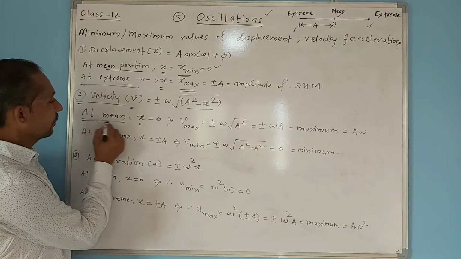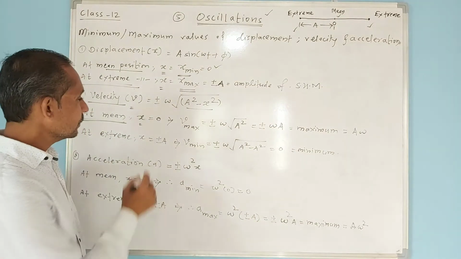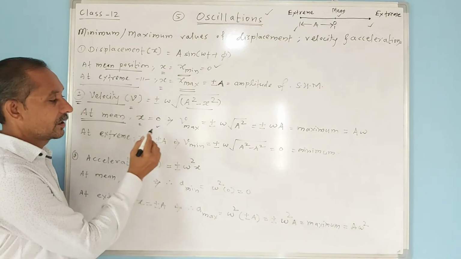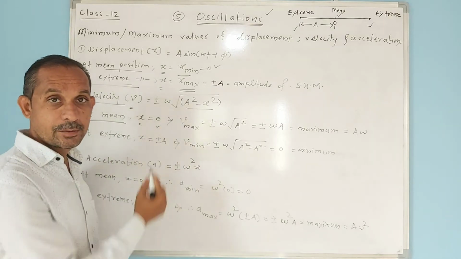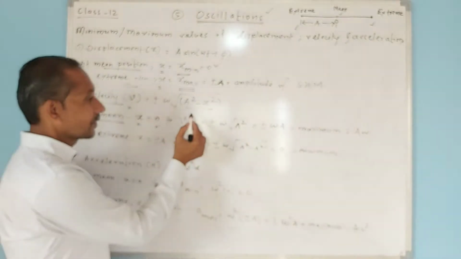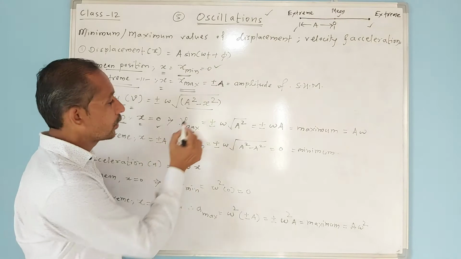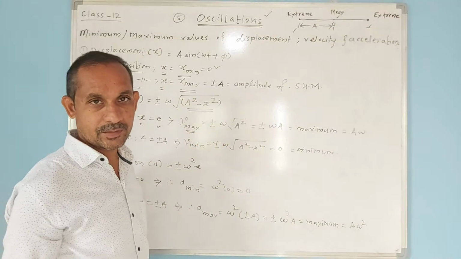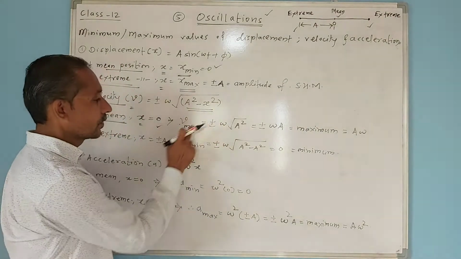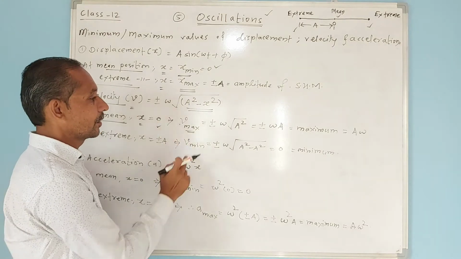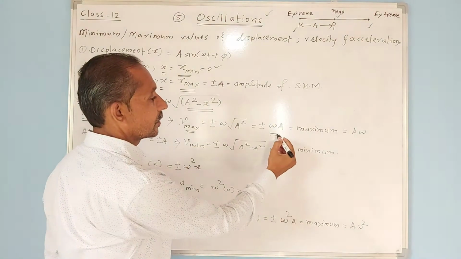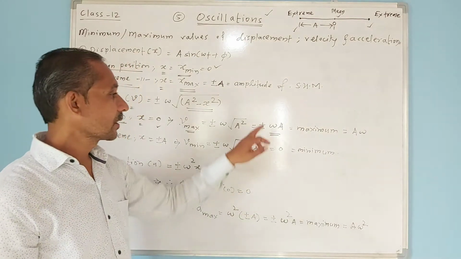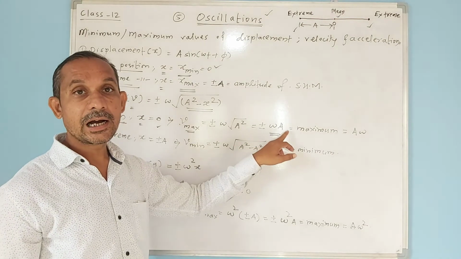So when the particle is at the mean position, the displacement x will be 0, then the velocity becomes maximum because the difference will be maximum, and that velocity is plus minus omega a.